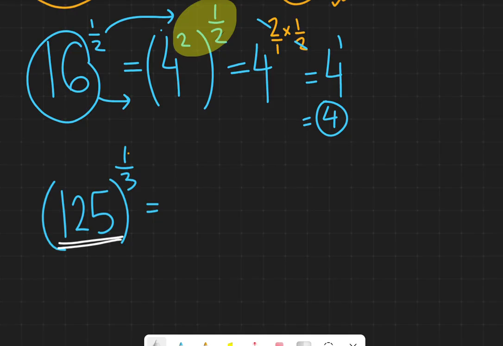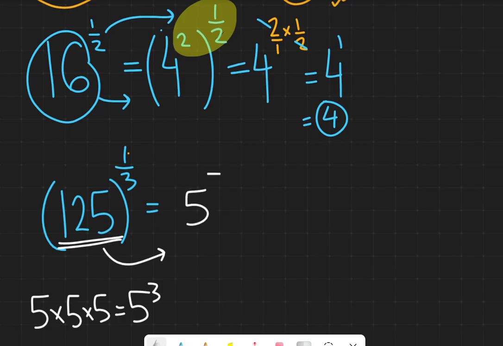How can we write this number? We notice that this is 5 times 5 times 5, right? Which means basically that is 5 to the power of 3. So instead of 125, we can write 5 to the power of 3. But don't forget, we have to copy this exponent over here. So this will be to the power of 1 over 3.